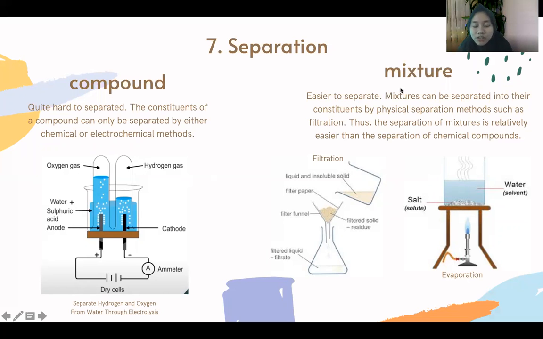But a mixture is easier to separate. A mixture can be separated by physical separation, like filtration and evaporation. If we have a mixture solution and we want to separate it, we can separate it by filtration and evaporation.